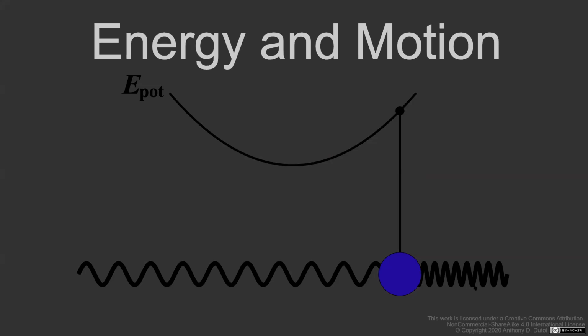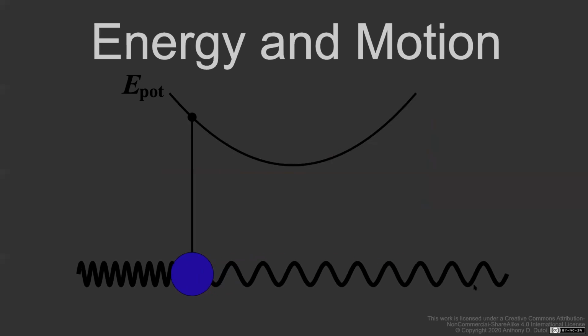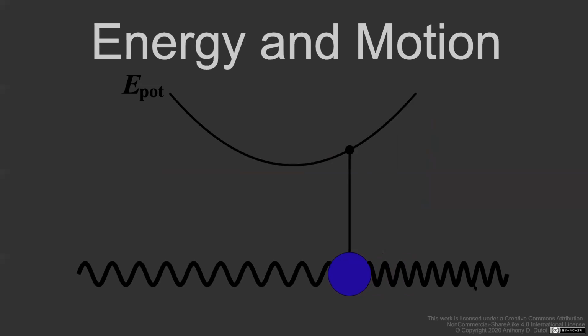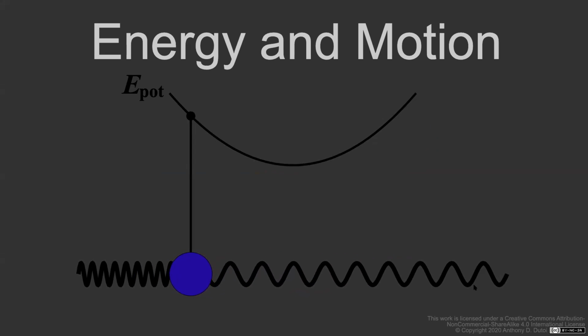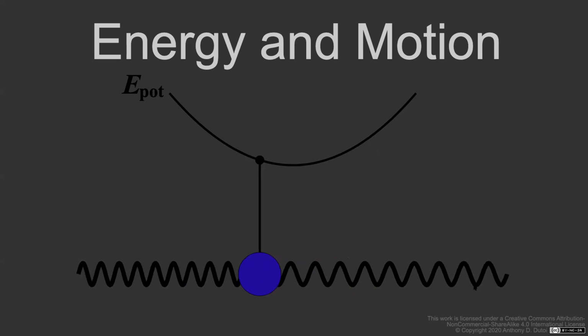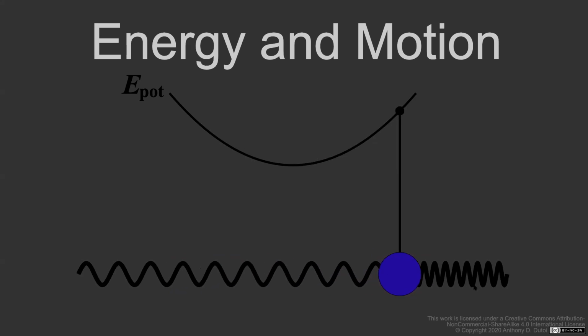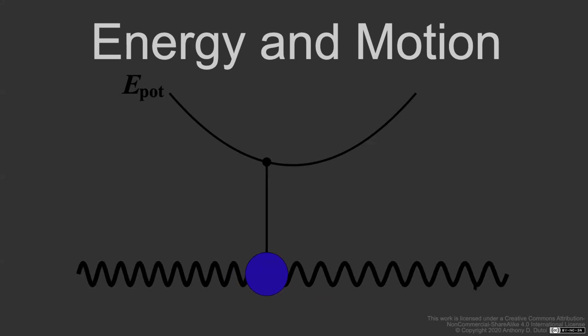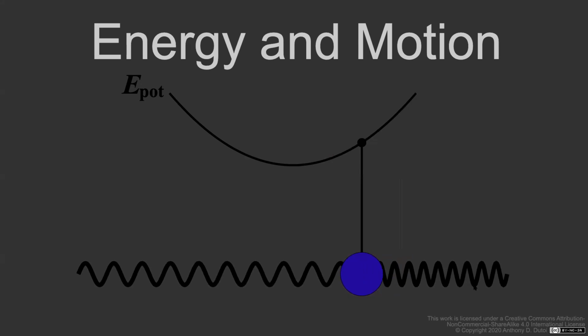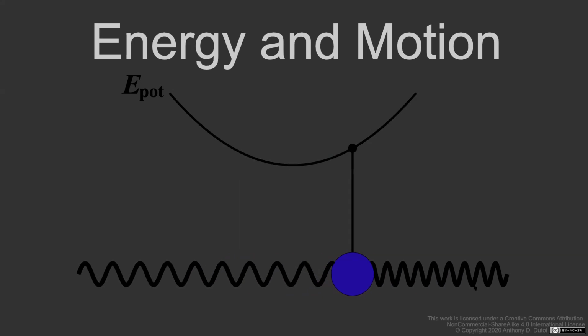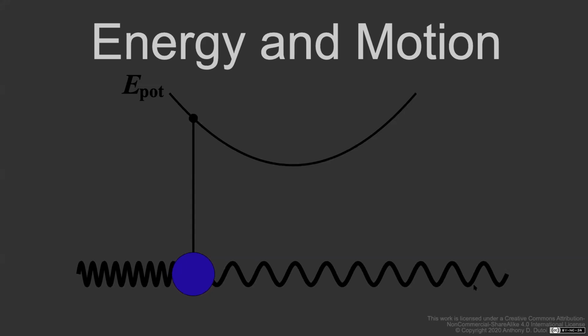So even as that ball is going back and forth, it's got no kinetic energy at the endpoints, and then when it's in the middle, it's got high kinetic energy, again and again. And that's because there's this sort of imaginary hill up here where we say, oh, when the ball is at its endpoints, it's storing that energy in the spring as potential energy.